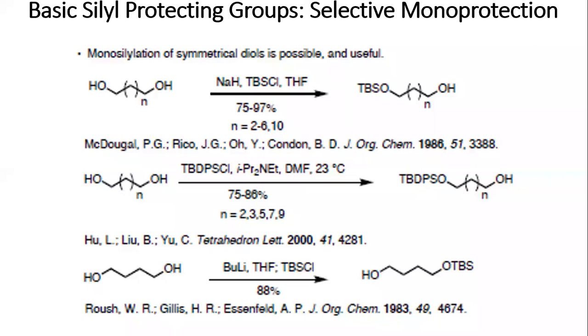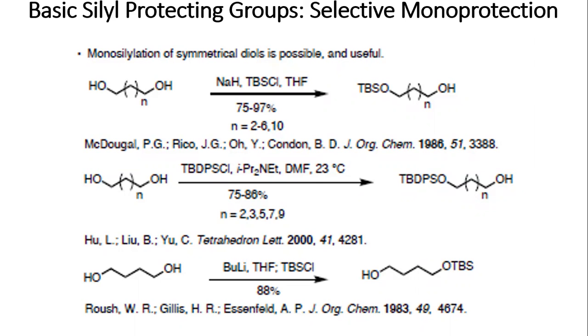Same here with TBDPS chloride and diisopropylethylamine. That's your base. You always need a base because you have to deprotonate the OH group so that it's a better nucleophile because it's going to attack silicon and kick off whatever leaving group is on silicon. So it's doing like a substitution on silicon.